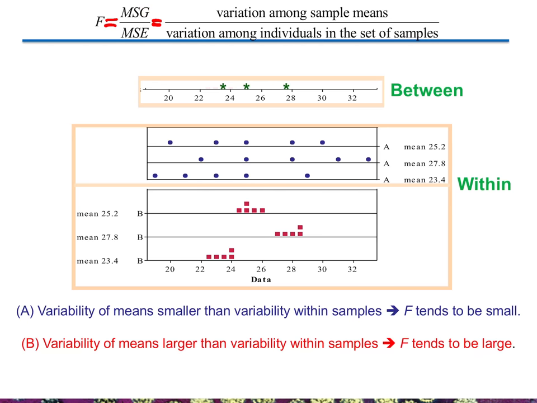You may see that on an ANOVA output table for Minitab or some other program. The denominator, the within sample variation, is the mean square for error, MSE. So just think of MSG, the numerator, as variation between your sample means, and MSE, the denominator, as variation within the samples.